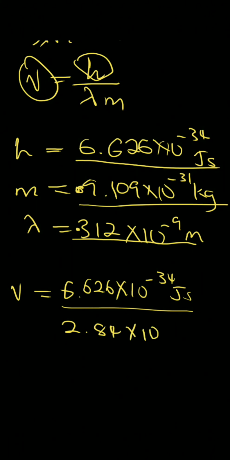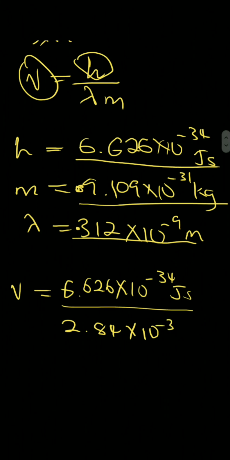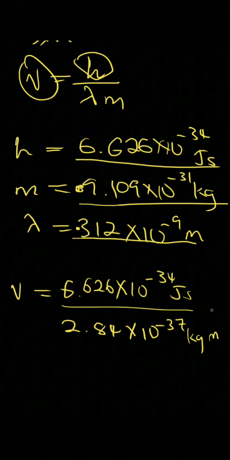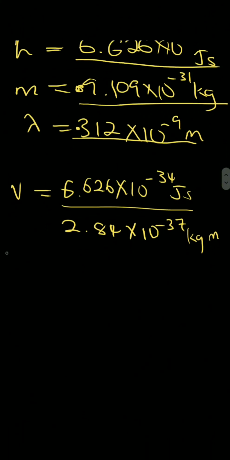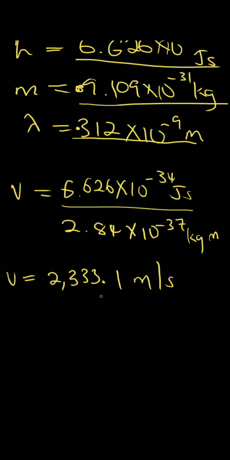Then when everything is divided, we get the value for the velocity. Our velocity in this case will simply be equal to 2,333.1 meters per second.